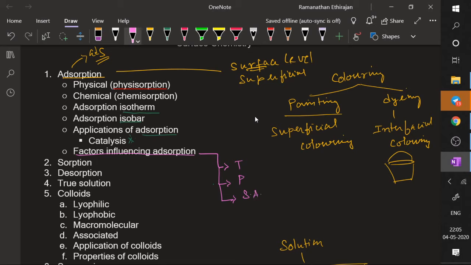Then the nature of the gas that is adsorbed, and the nature of the adsorbent.